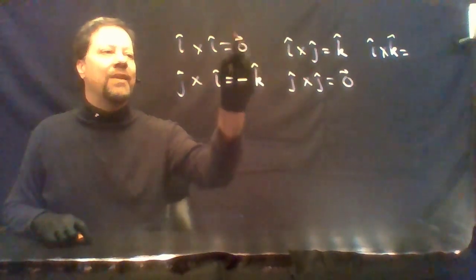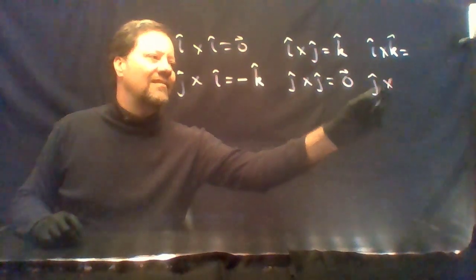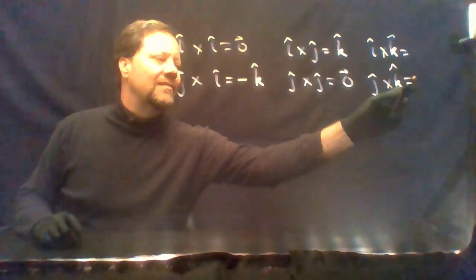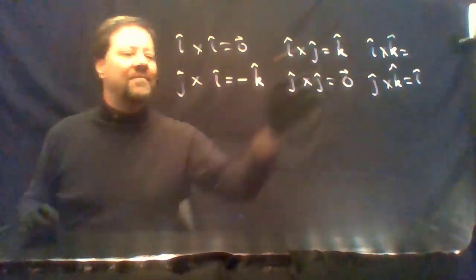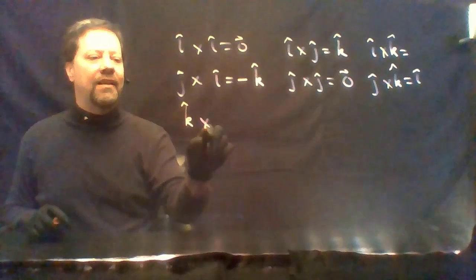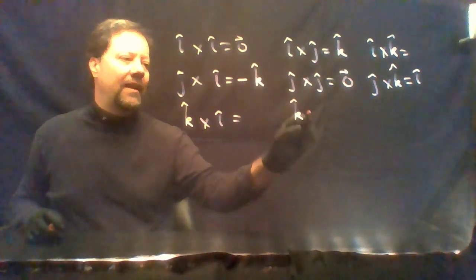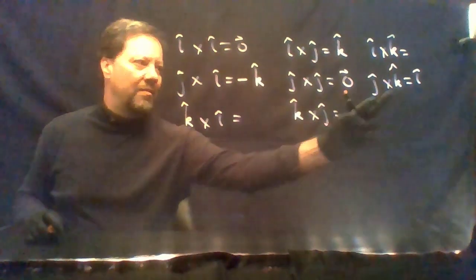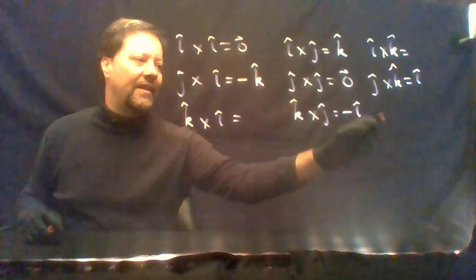If you cross a vector with itself, you have to get the zero vector. We also just showed that j cross k is i. Let's see, we'll have k cross i, k cross j. By the skew symmetry, we'll have minus i here.